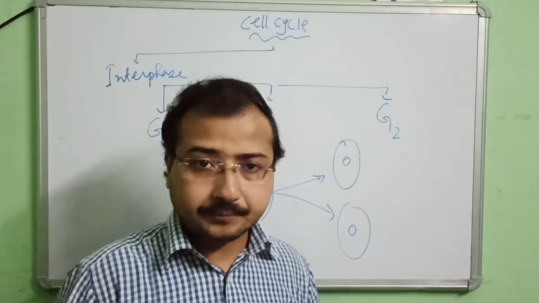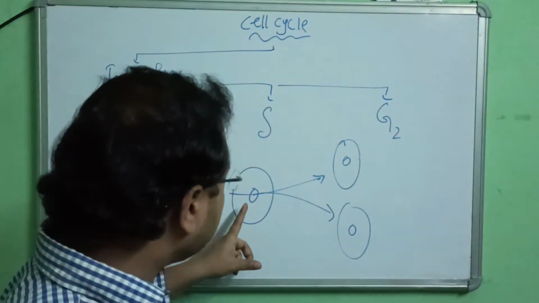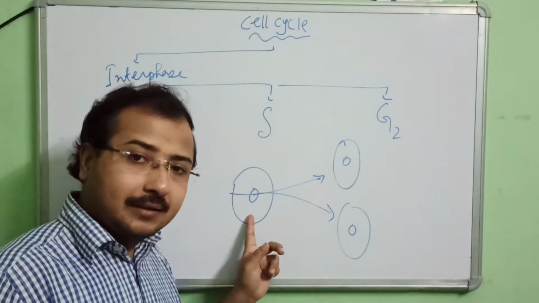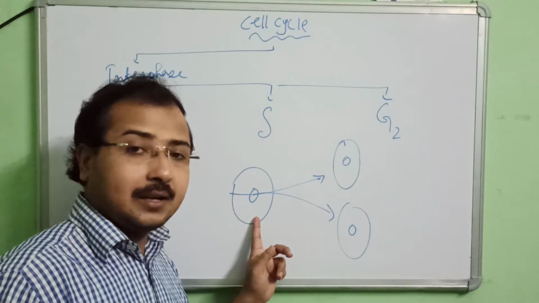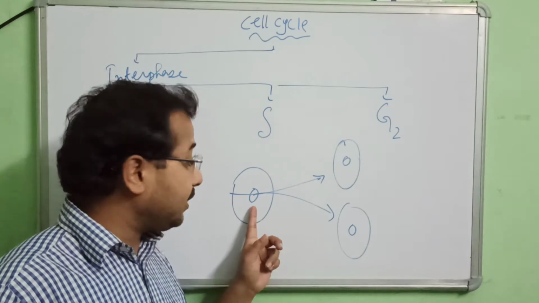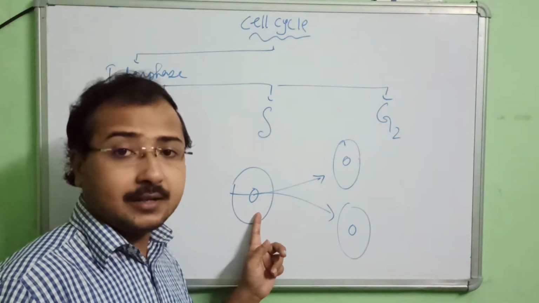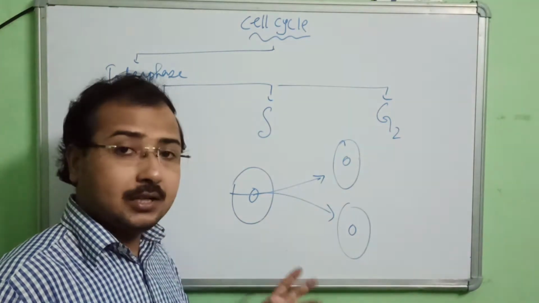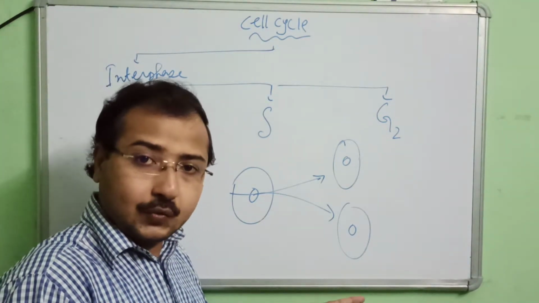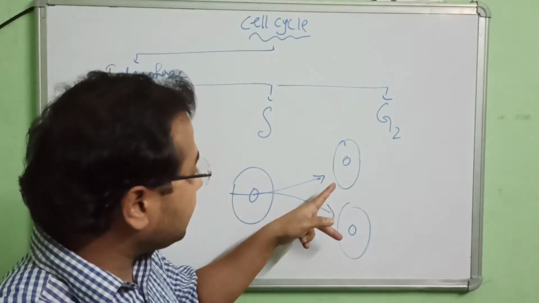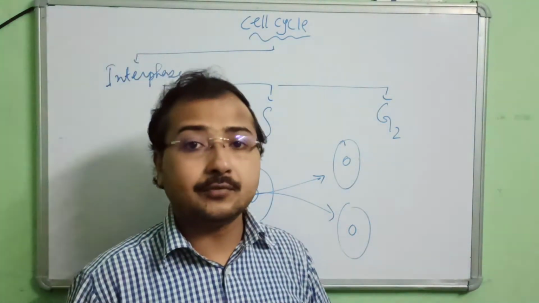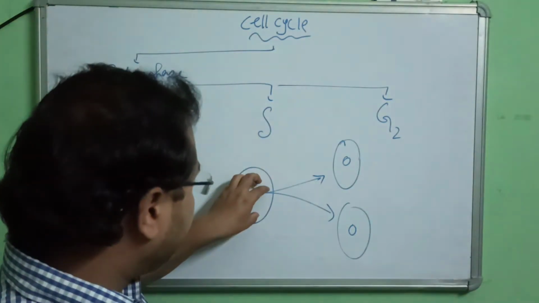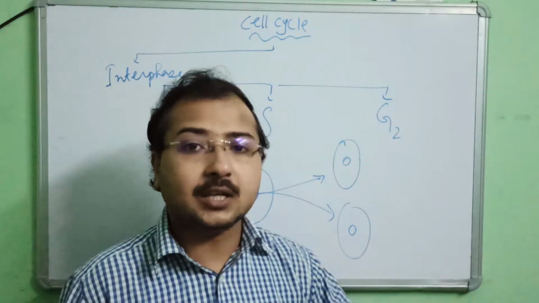It means that until the cell organelles and the nucleus present in the parent cell increase in number, it would not be possible for the parent cell to equally divide the nucleus and other organelles into the two newly formed daughter cells. So whatever content is present inside the parent cell needs to be doubled.